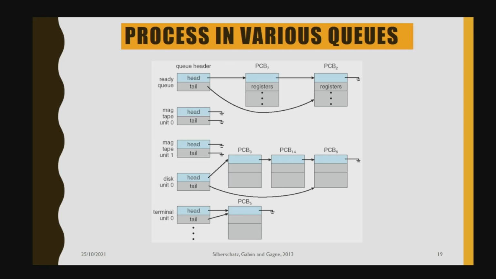Okay, in scheduling, the objective of multiprogramming is to have some process running at all times. Means at every moment there is a process running inside the CPU, to maximize utilization of the CPU.